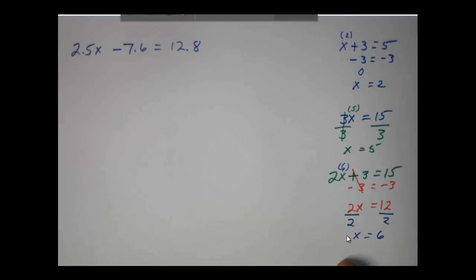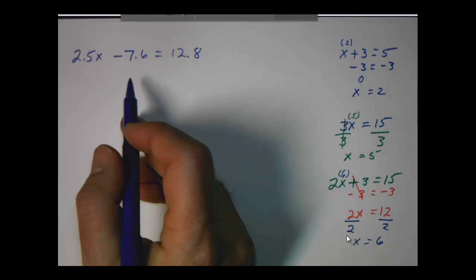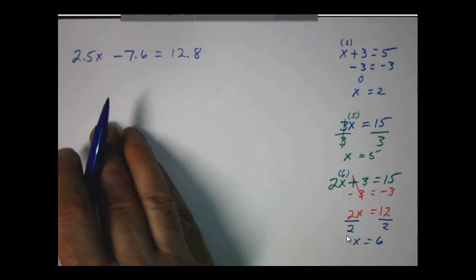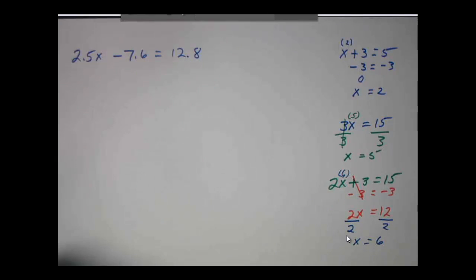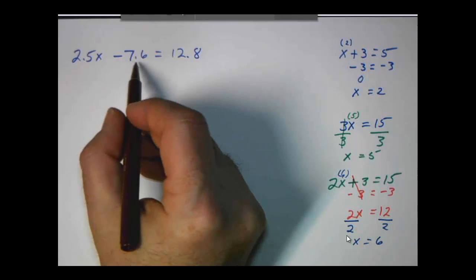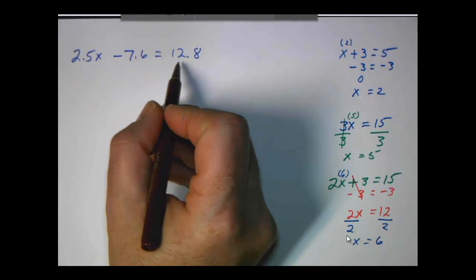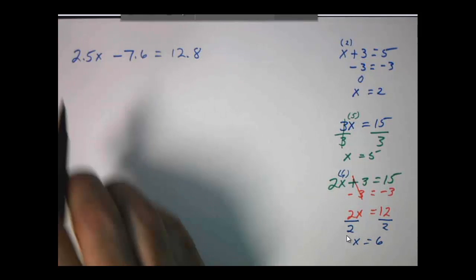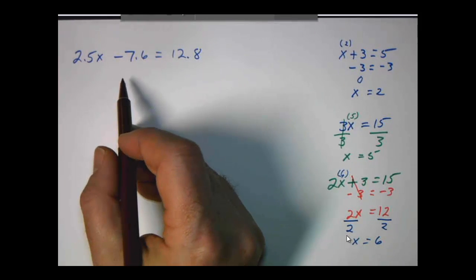The only thing we're going to do new here is simply use the same principles we have done before. We're just going to use variables, or excuse me, decimals with our variables. So we have minus 7.6. So we're going to do that first. Don't need to worry about the 2.5x, remember first. We're just going to deal with the plus or the minus part.